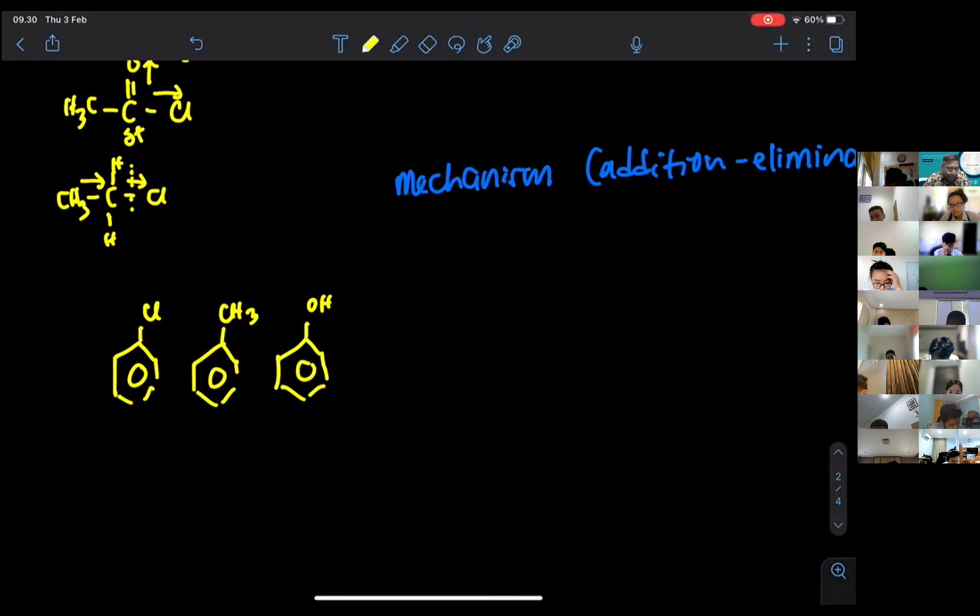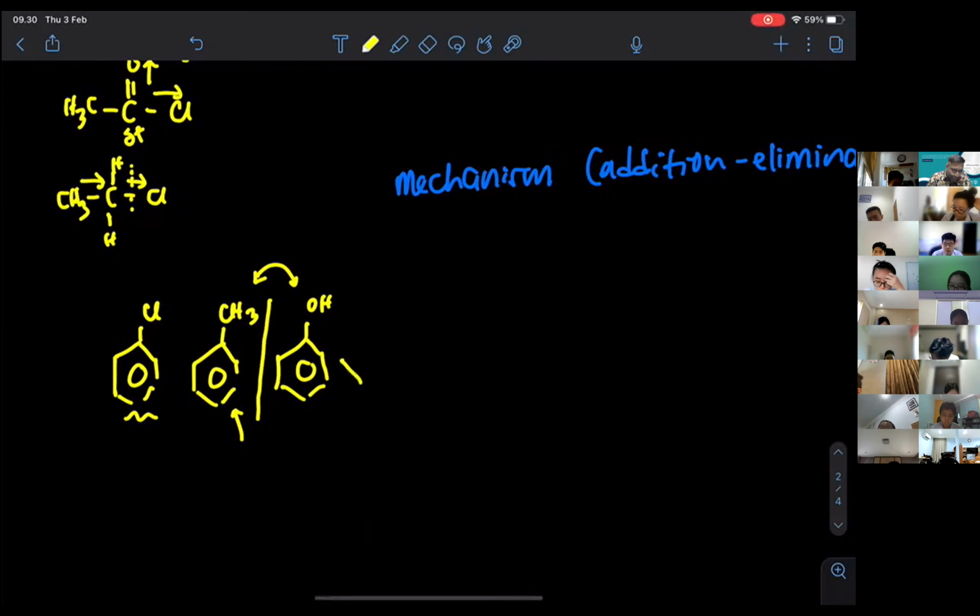The Cl generally is going to donate the electron, and the effect of chlorobenzene isn't strong enough for the reaction to be very vigorous. That is not mentioned in your syllabus, but for these two, yes. For CH3, these two are almost similar because they are donating electrons into the system. So this one is still going to be heated in certain cases.